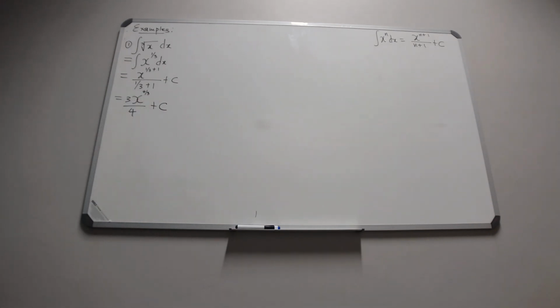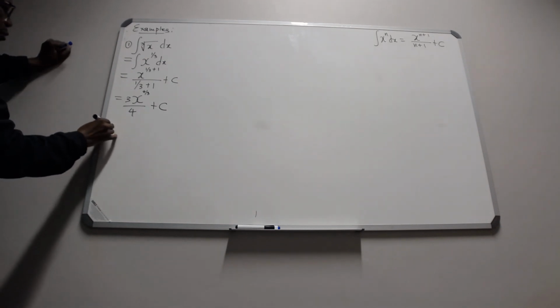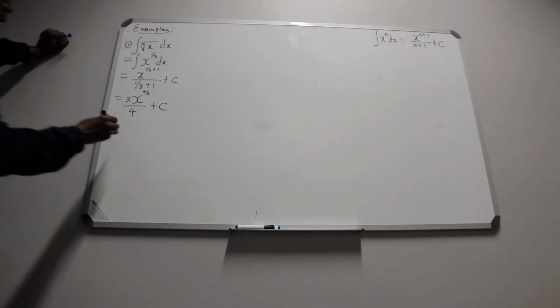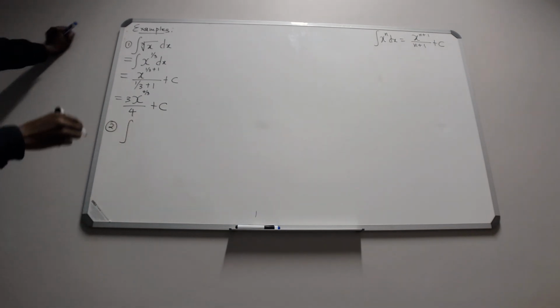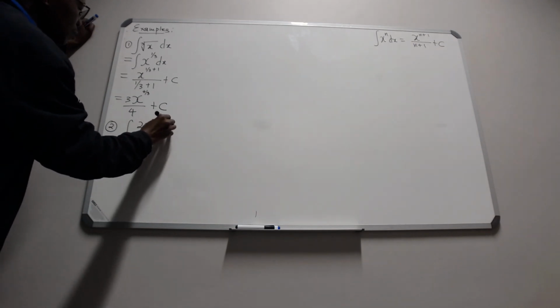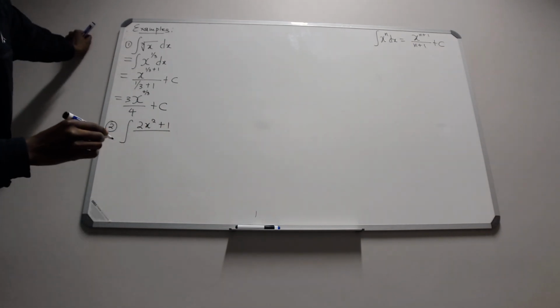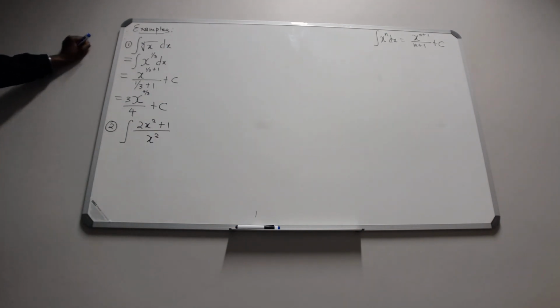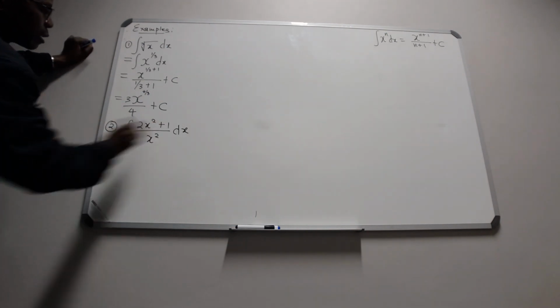So you just add 1. Same, using that formula, let us take the integral of 2x squared plus 1 over x squared, like that, dx.